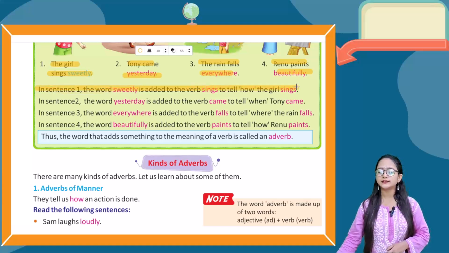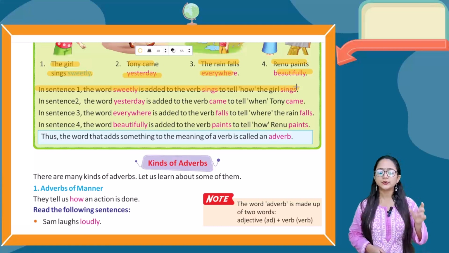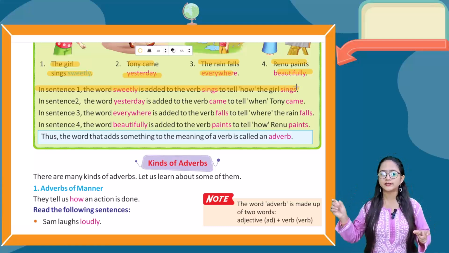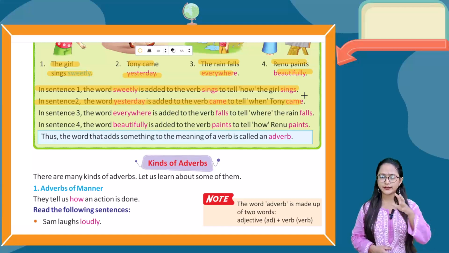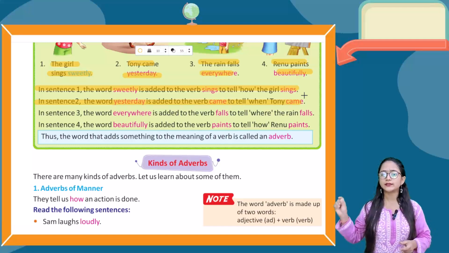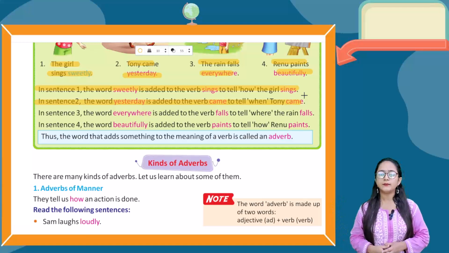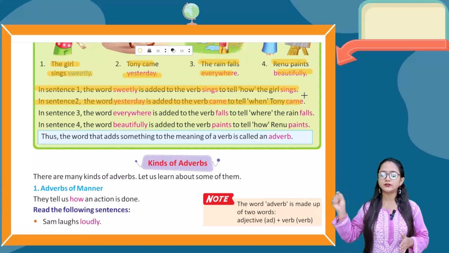Now in sentence 1, the word sweetly is added to the verb sings to tell how the girl sings. In sentence 2, the word yesterday is added to the verb came to tell when Tony came. That's why they have added the adverb yesterday after the verb came.